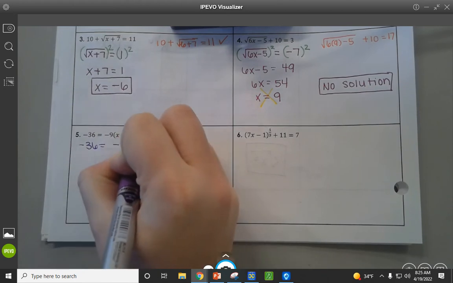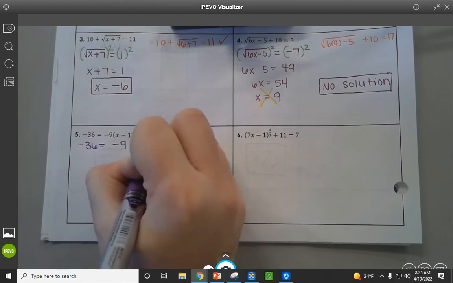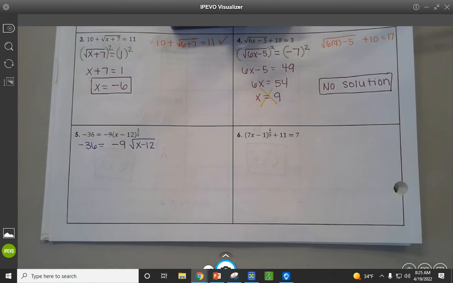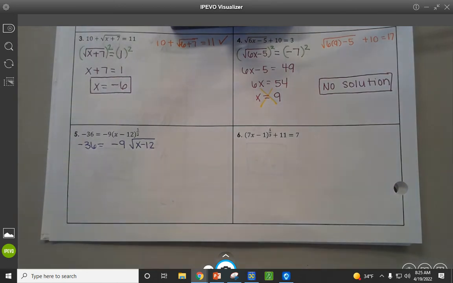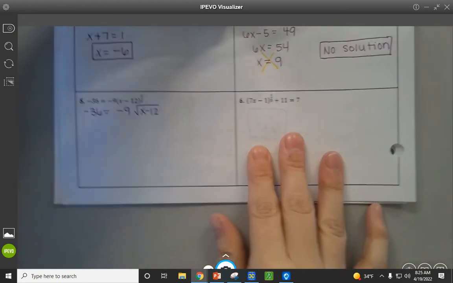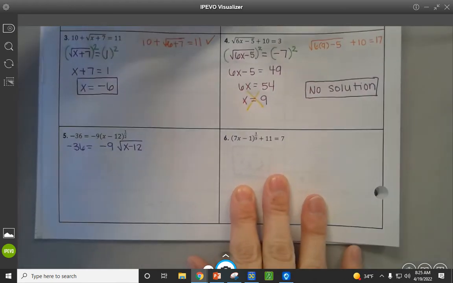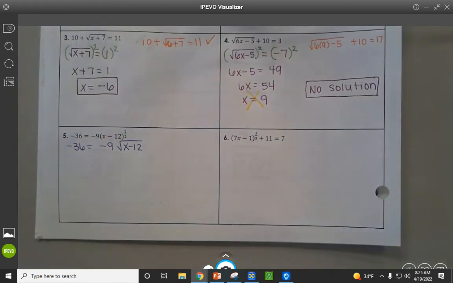Step 1 is to divide. That's negative 9 times the square root. So divide by 9, negative 9. And we get 4 equals the square root of x minus 12.